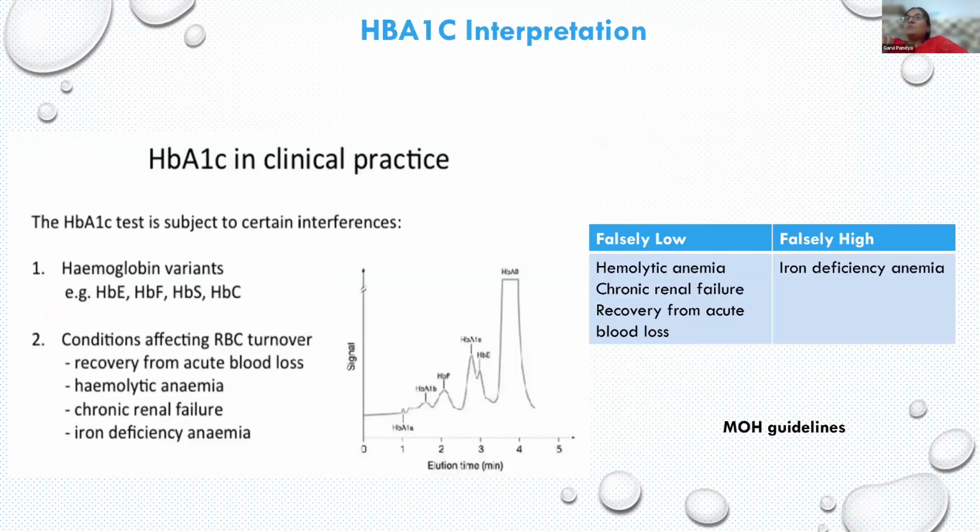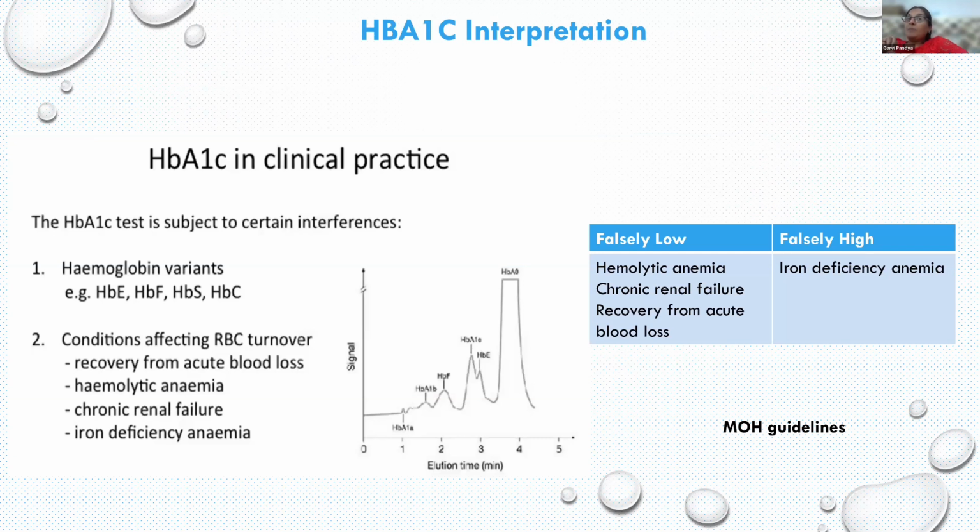When we look at the HbA1c, we need to interpret cautiously, because there are certain conditions which can make it go up falsely, and there are certain conditions which can make it go down falsely. The falsely low can be possible in hemolytic anemia, chronic renal failure, or recovery from acute blood loss. And the falsely higher level is possible in iron deficiency anemia. Another thing we need to take care of is hemoglobinopathy, which is common in South East Asian people.